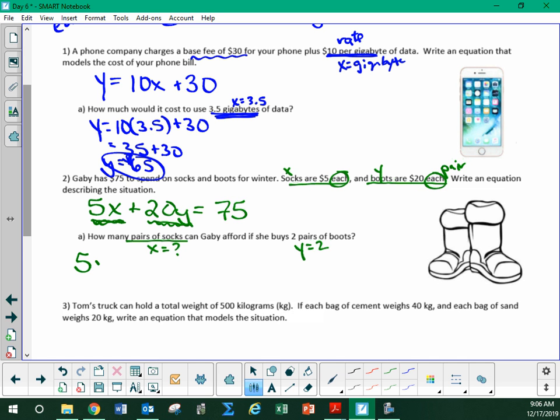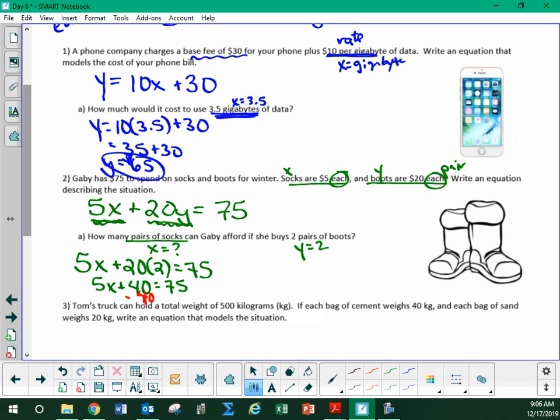So we don't know x, we're going to leave that alone. But I do know that y is 2, so 40. Now we just solve for x. Can't you just do that in mental math? Yeah, honestly. She spends 40 on 2 boots, and then she's able to buy 7 pairs of socks.